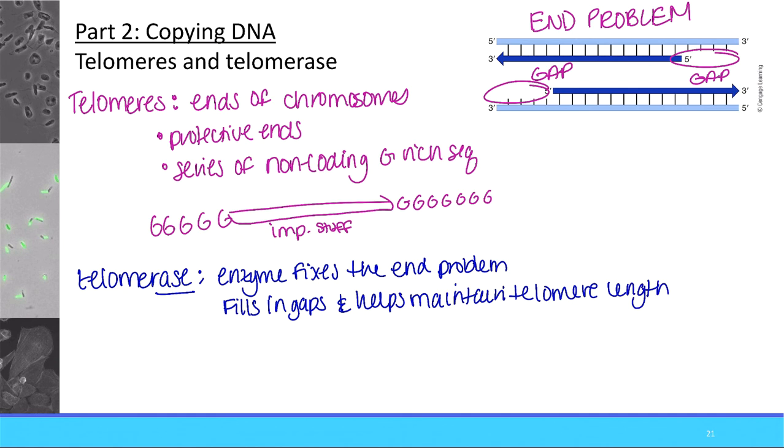So our chromosomes do end up still getting a little shorter. So if you were to look at the chromosomes of an infant compared to when they're older, they'll be a little bit shorter. This isn't perfect, but it is good enough. And so this enzyme is going to fix these gaps that we have and help solve this problem of us losing important parts of our chromosome.